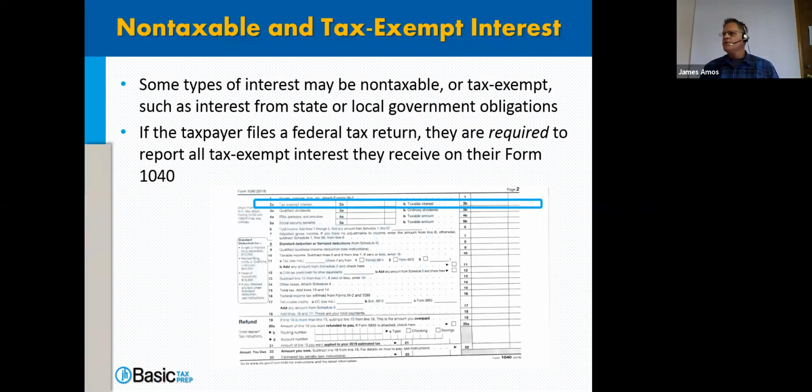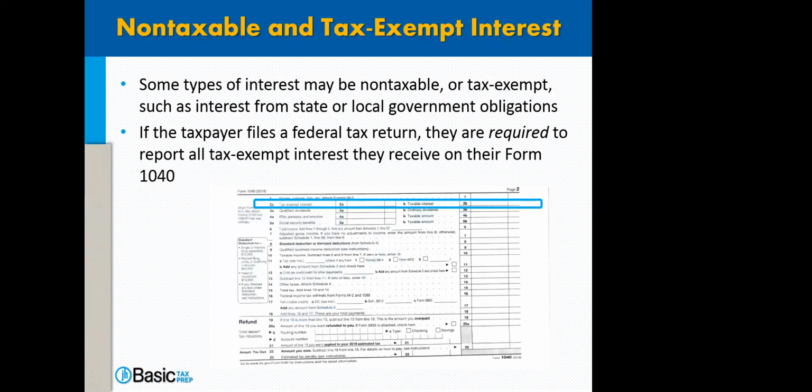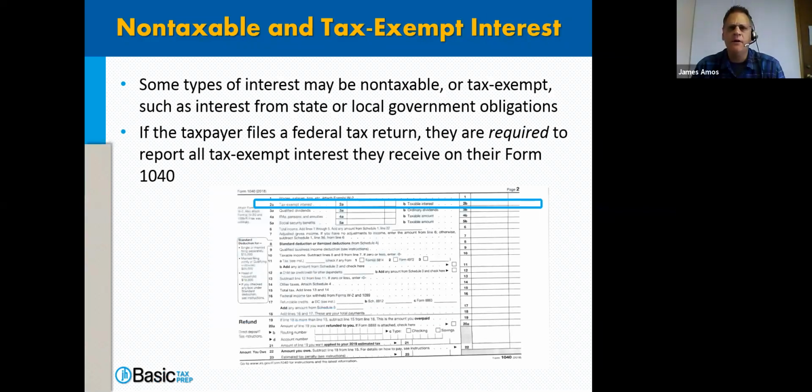Okay. So now let's talk about non-taxable and tax-exempt interest. Some types of interest may be non-taxable or tax-exempt, such as interest from state or local government obligations. That's why I said they had that one question kind of out of order.